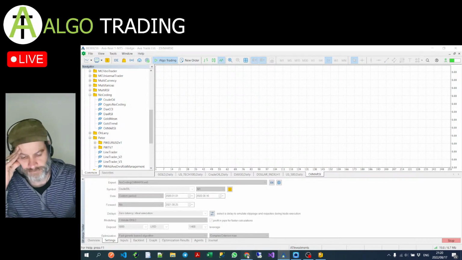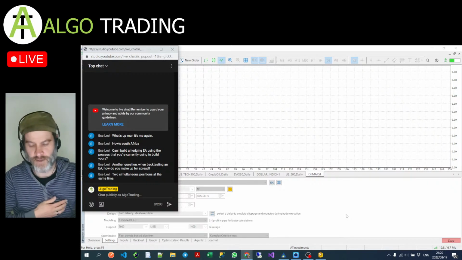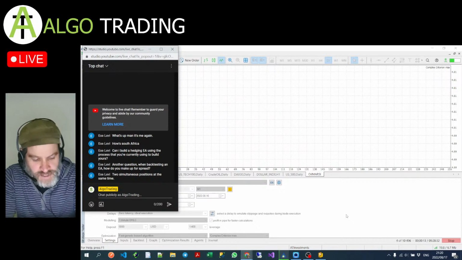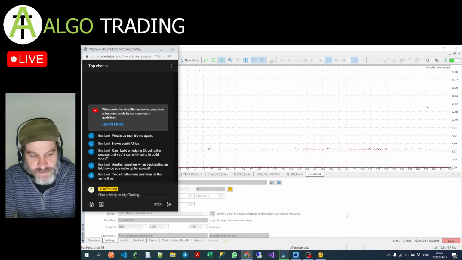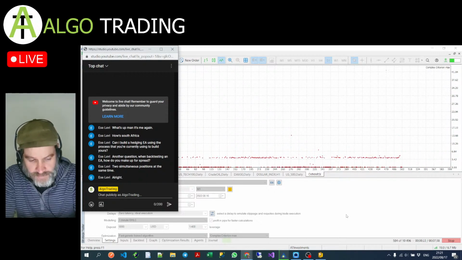Yeah, so I would trade two different types of strategies, but on the same instrument. So something that's more a breakout strategy and a mean reversion strategy. If we do get a breakout, the breakout will take the long, and then the mean reversion will take the short at the top of the breakout.